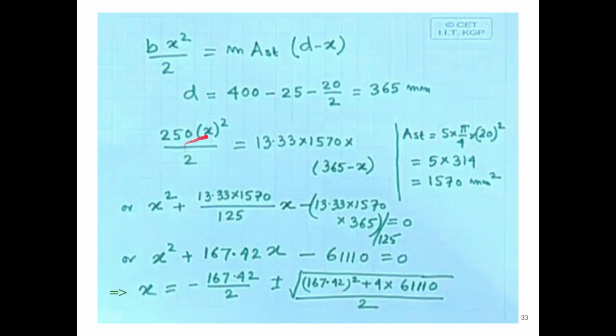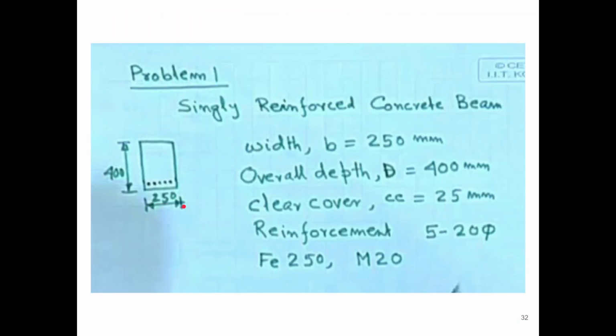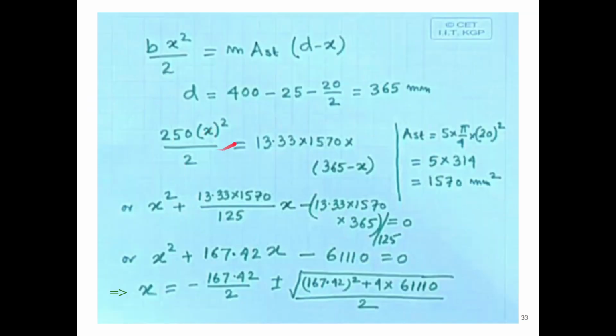Other values: b is 250, we know this. So 250 into x square by 2 equals 13.33 into 1570 into 365 minus x. If you solve this equation, it will again be a quadratic equation.